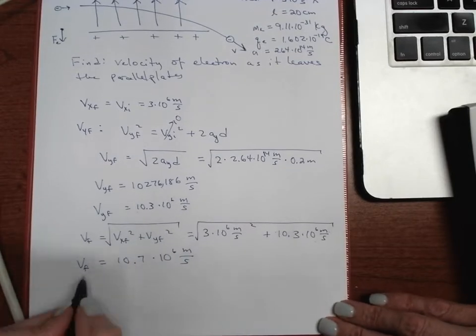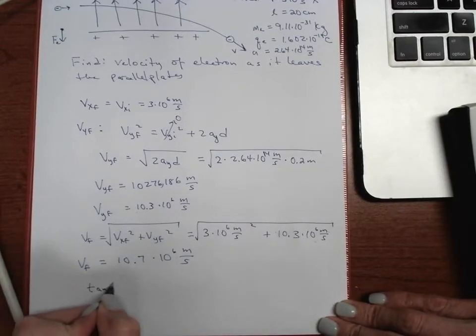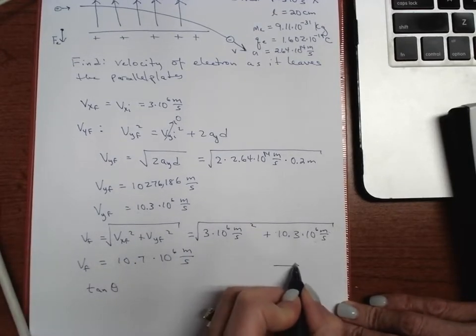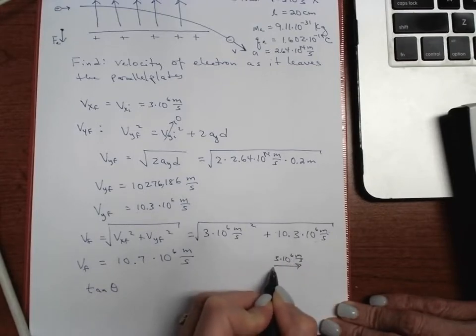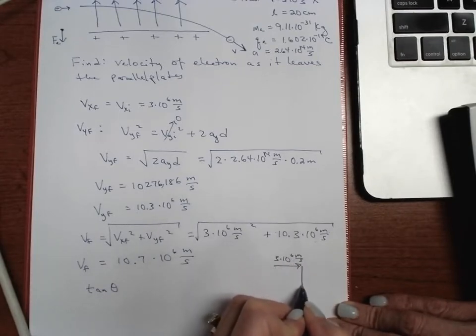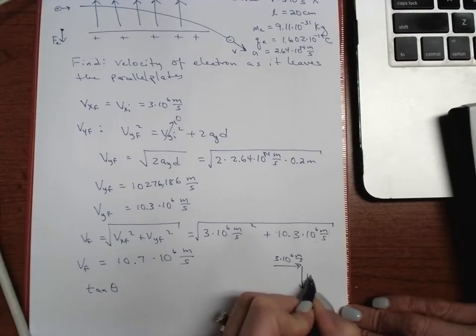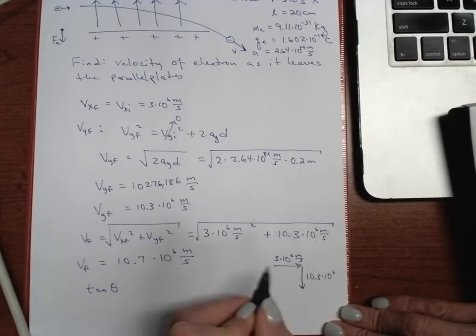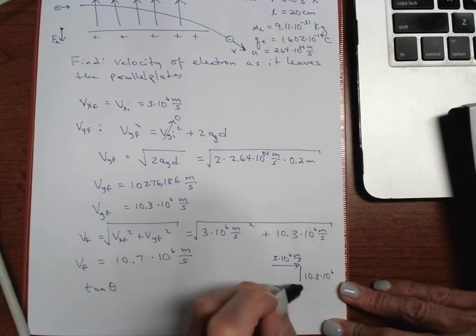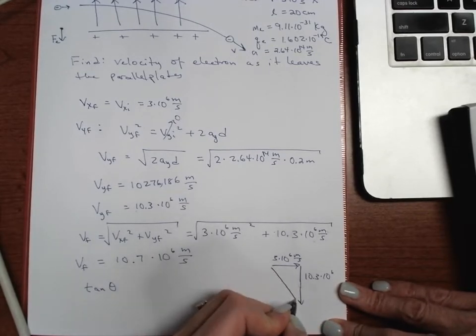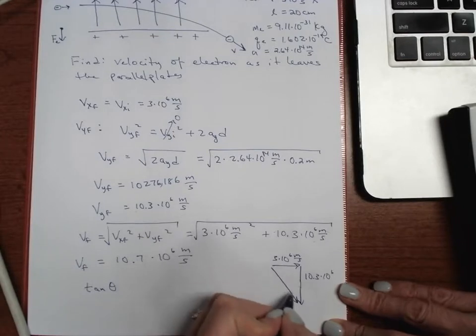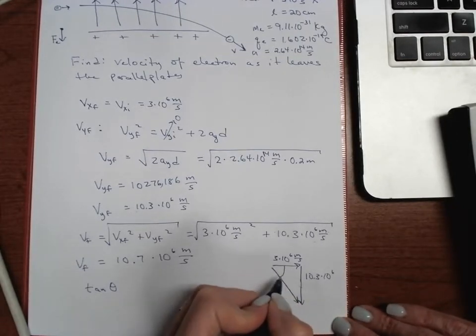If I want to find my angle, I can say tan theta. I've got this component, which is 3 times 10 to the 6th meters per second, and the down component, which is 10.3 times 10 to the 6th, and that's a lot bigger. That's going to be my result, so let's use this angle.